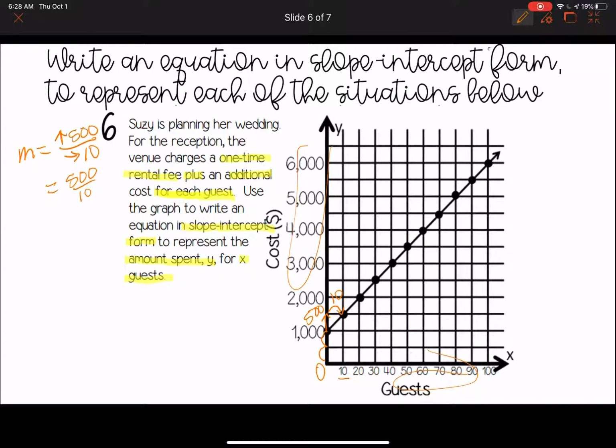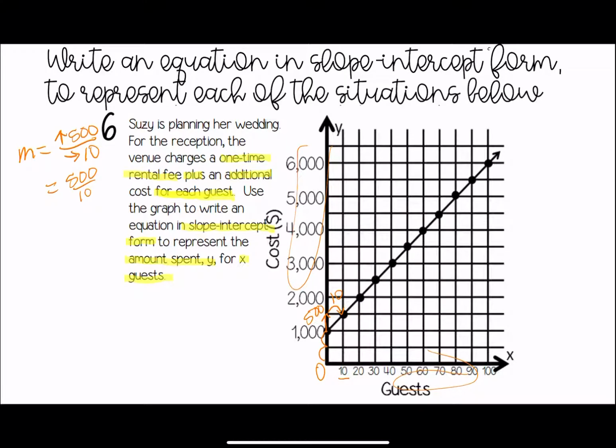And hey, look, my zeros knock out, and it's going to get us 50. So that 50, though, is that additional cost for each guest. So it costs $50 per guest. All right. So far we've got y equals 50x.